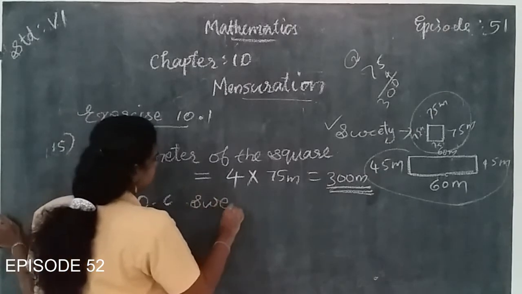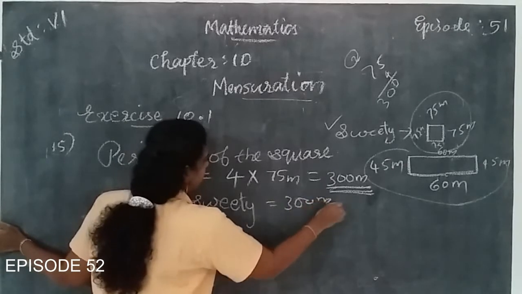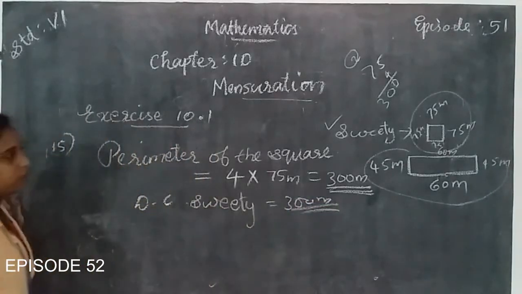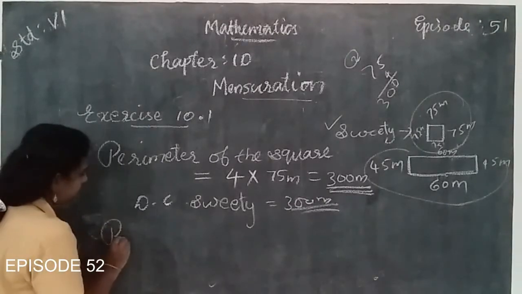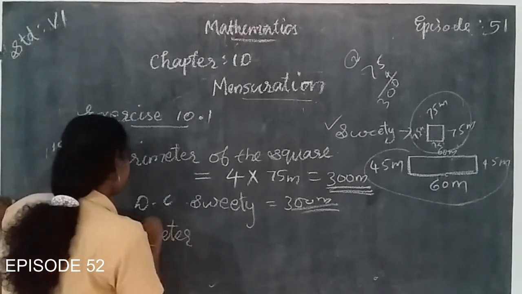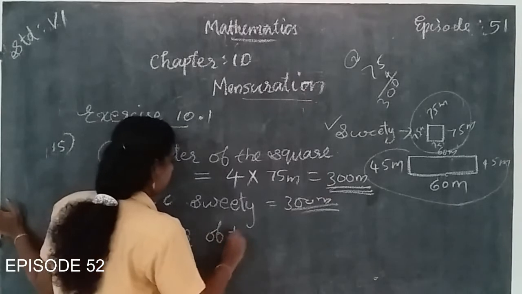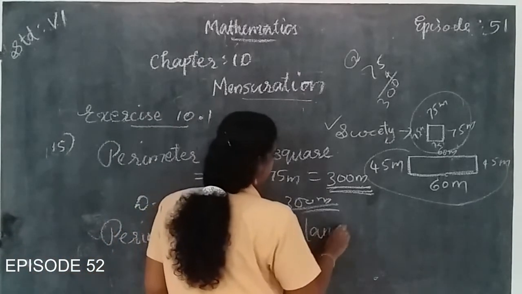Distance covered by Sweetie is equal to 300 meter. Then to find the distance covered by Bulbul, we want to find the perimeter of the rectangle. So the next step is perimeter of the rectangular path.